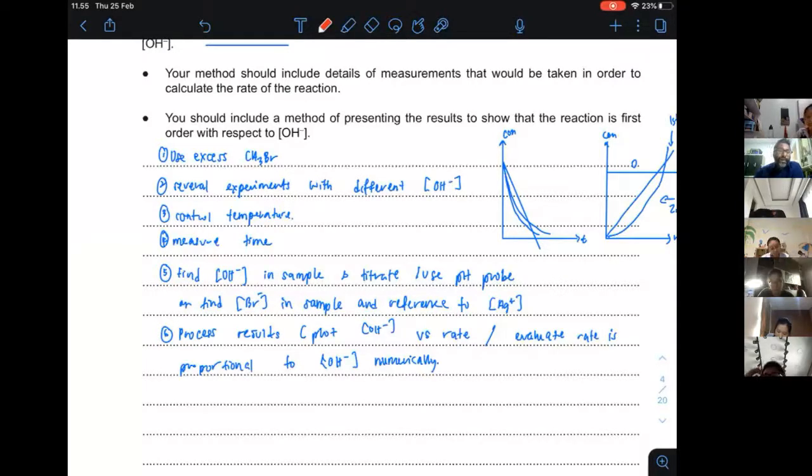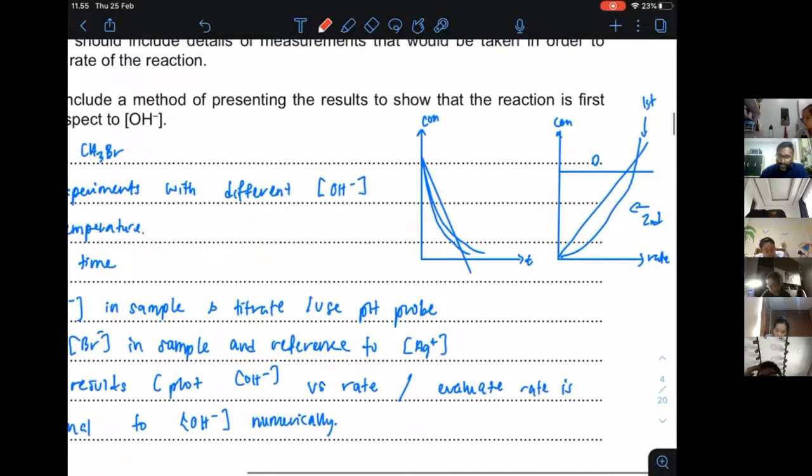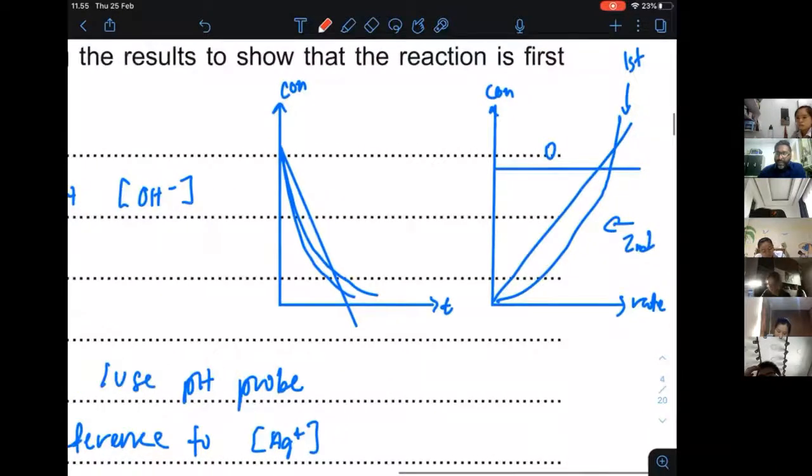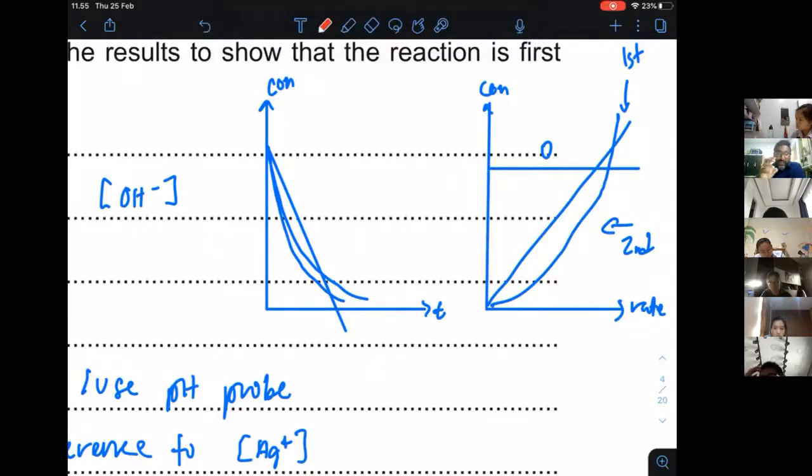Or you can plot the result. I even sketched the graph here. When you plot the result, you are plotting either concentration against time or concentration against rate.